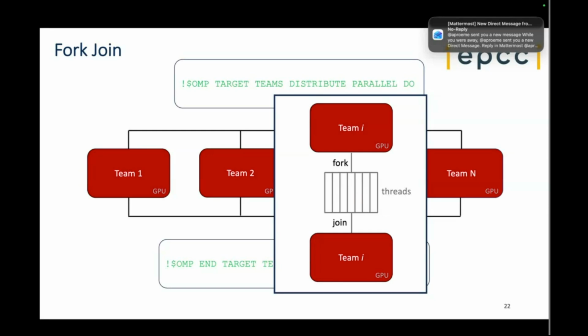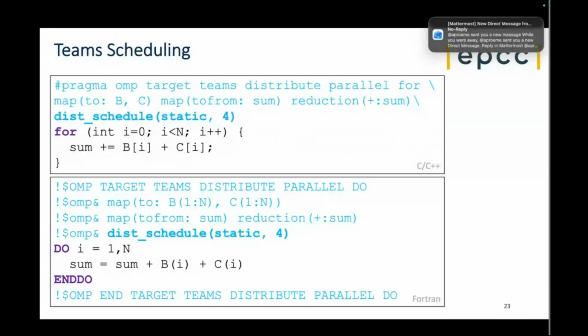Okay, so you can tell it how to schedule, how to distribute the teams, essentially how big are the chunks of iterations. This is similar to other distribution clauses you might have seen in OpenMP. In this case, we're telling it to group in chunks of 4.